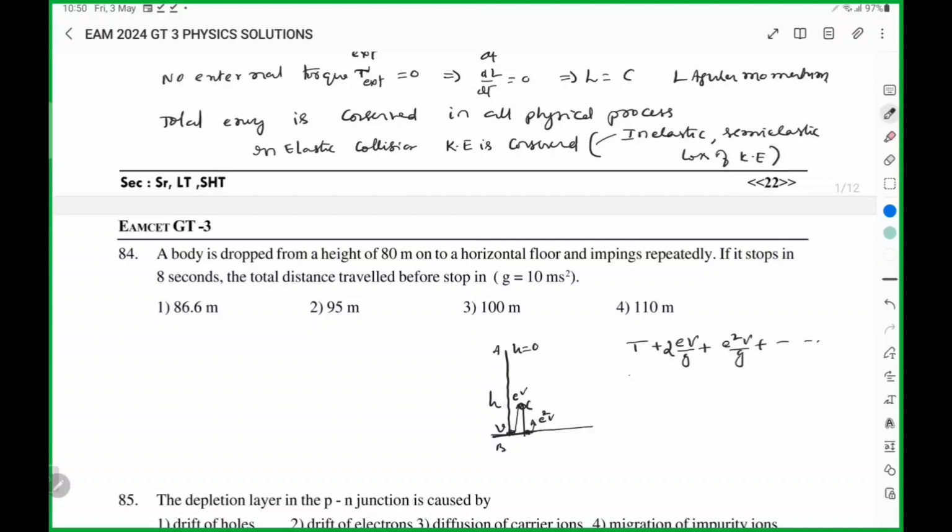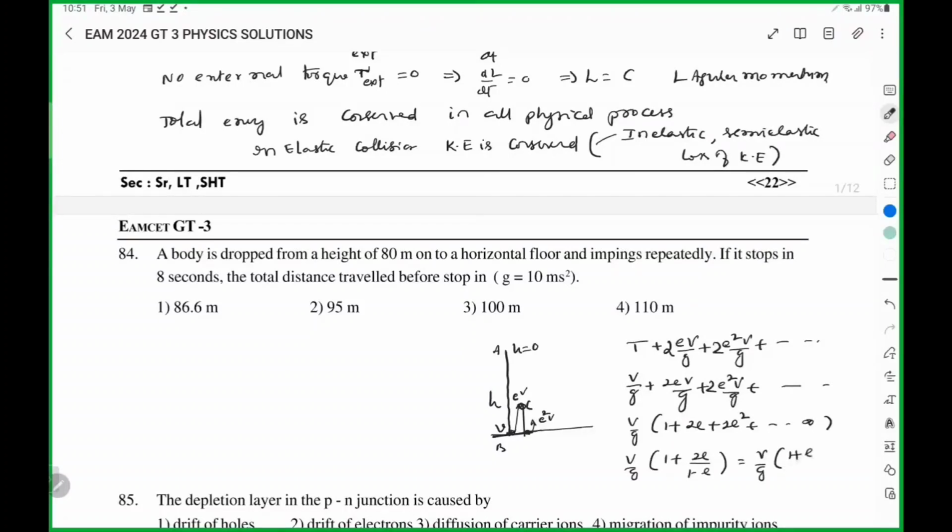The time is nothing but V by g plus 2eV by g plus 2e square V by g, so on. That is V by g into 1 plus 2e into 1 by 1 minus e. So 1 plus e by 1 minus e times V by g. This time is 8 seconds.